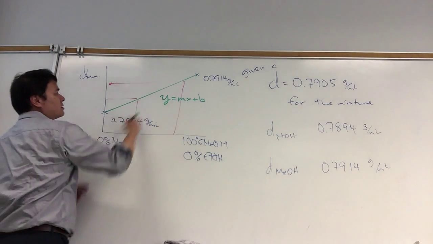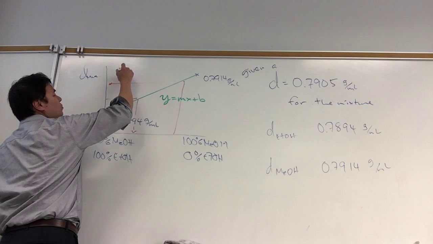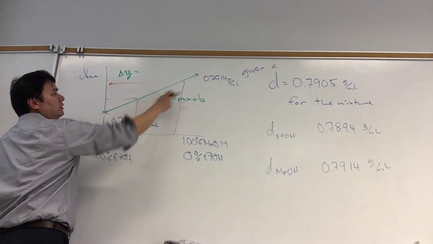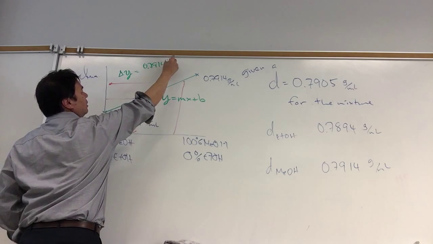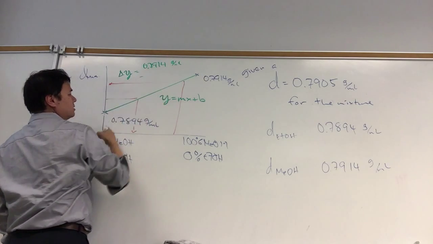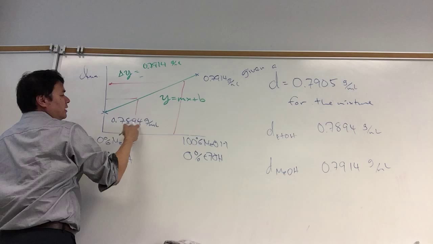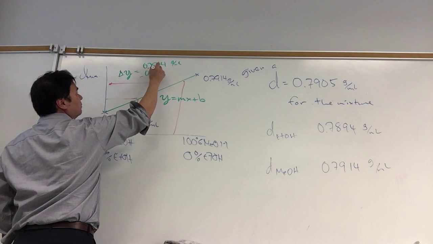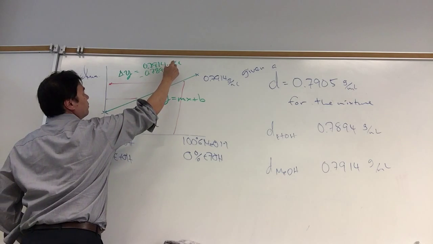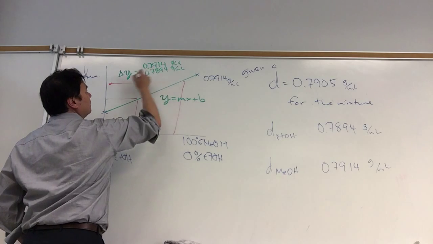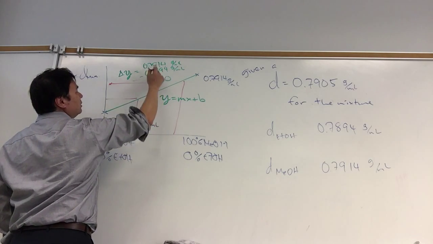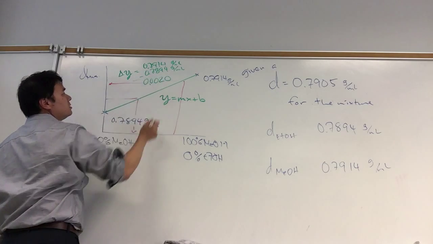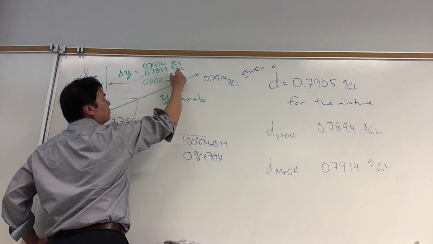And so figuring out the slope, well, the slope is delta y over delta x. Delta y is equal to 0.7914 grams per milliliter minus 0.7894 grams per milliliter. And so that's going to give me 0.0020 grams per milliliter.